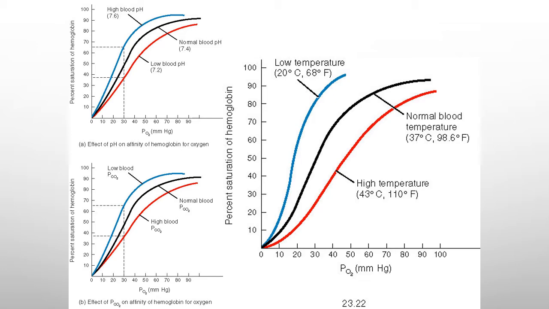So if our temperature becomes higher, the affinity for the oxygen becomes relatively low. Same thing when we have a high PCO2, a low pH. We're talking about all those things that decrease the affinity of oxygen for hemoglobin itself.